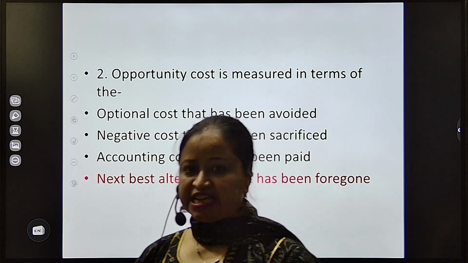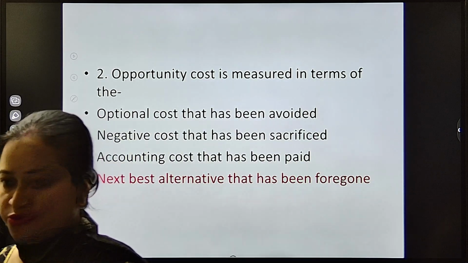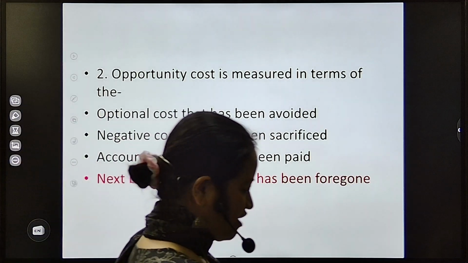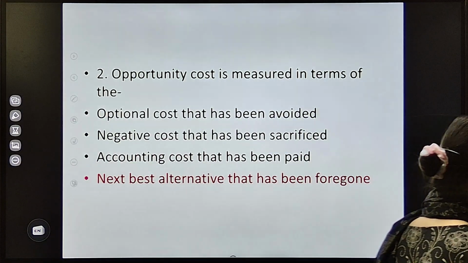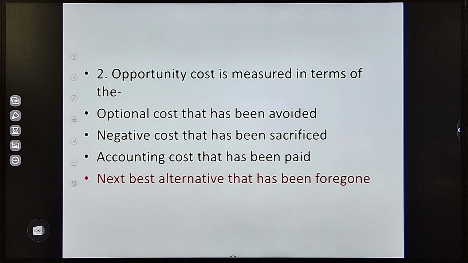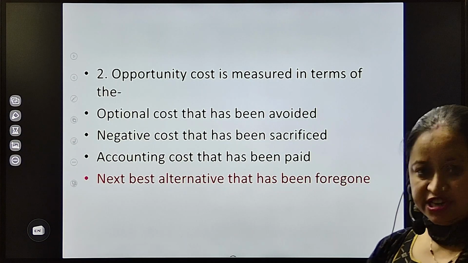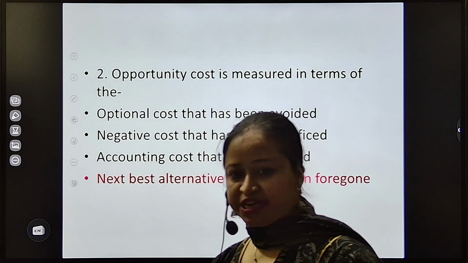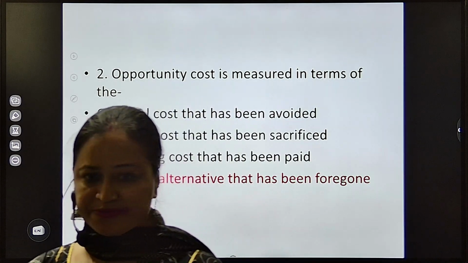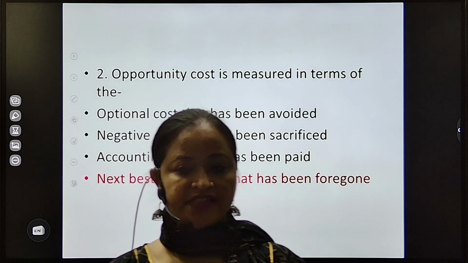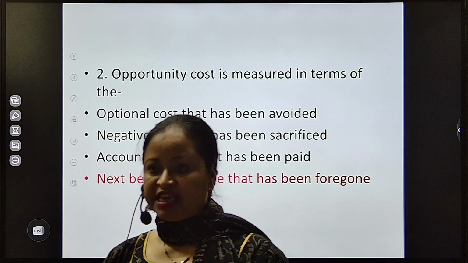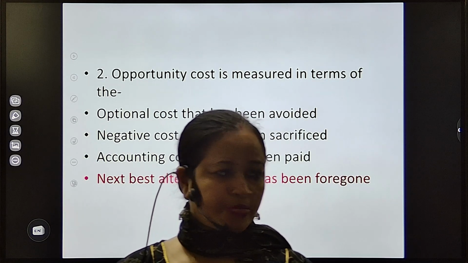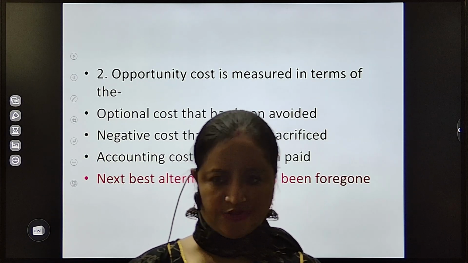See, you have two options in front of you. Suppose after completion of your graduation, you have got a job in Delhi offering you 50,000, and a job in Calcutta offering you 60,000.